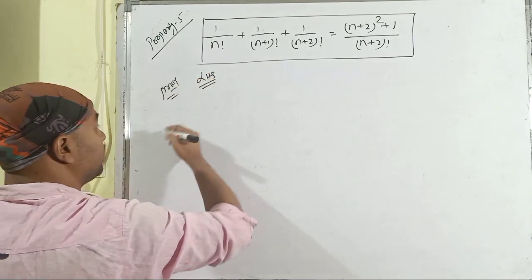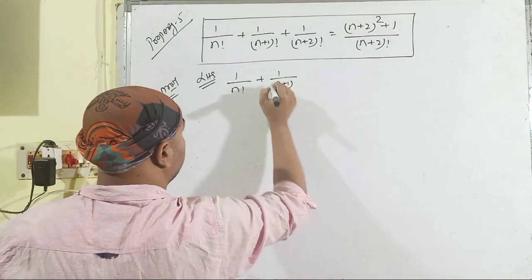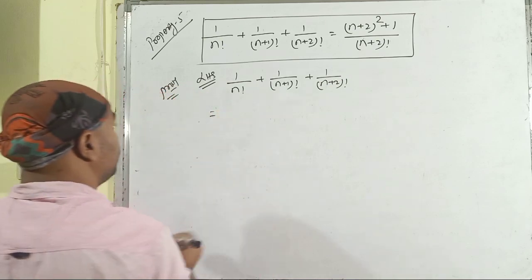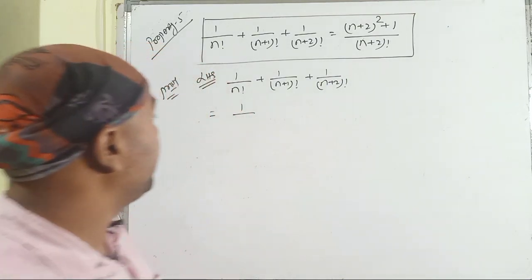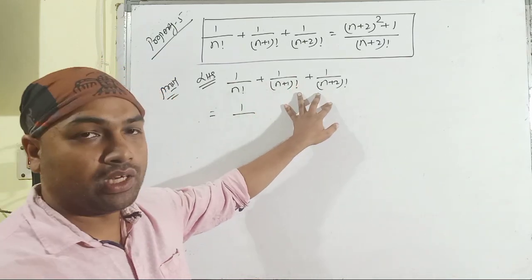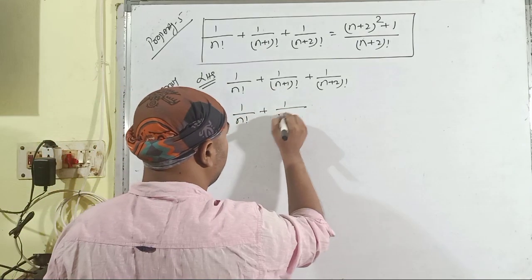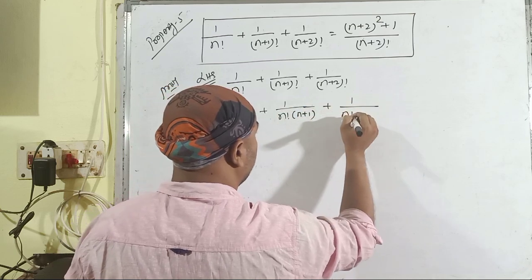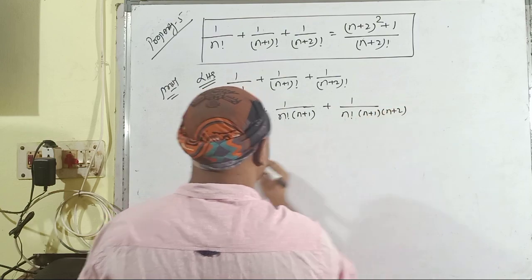So considering the left hand side again, 1 upon n factorial plus 1 upon factorial of n plus 1 plus 1 upon factorial of n plus 2. First of all we have to evaluate the LCM, but before that, we have to convert the greatest factorials in terms of the smallest factorial. So it is 1 upon n factorial plus 1 upon n factorial multiplied with n plus 1 plus 1 upon n factorial multiplied with n plus 1 and n plus 2.